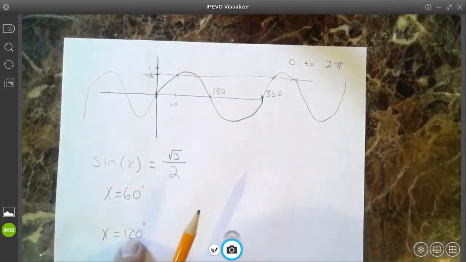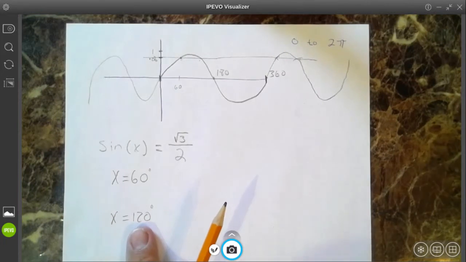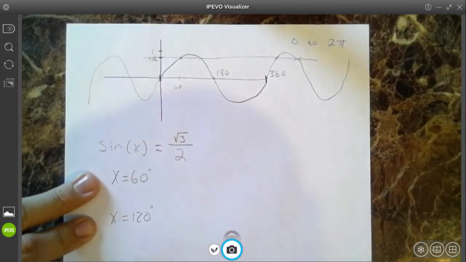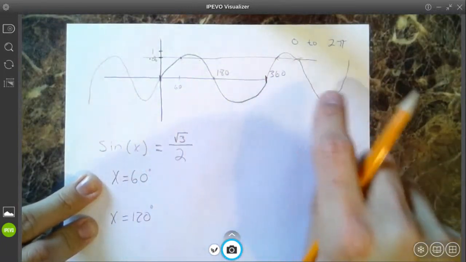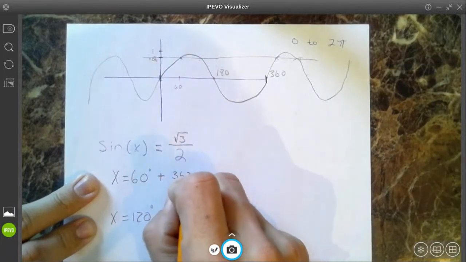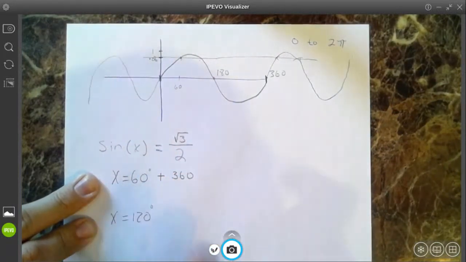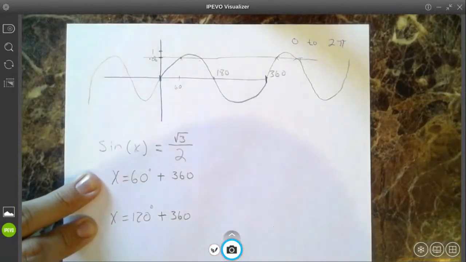Those are the two main answers, but you can get all of the other answers from these two. What you do is you just pretend that you're making another lap around the circle. You're going to add 360 to your answers. But you're not just going to add 360 once.